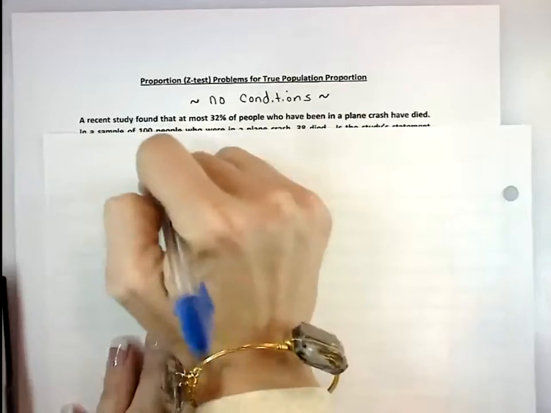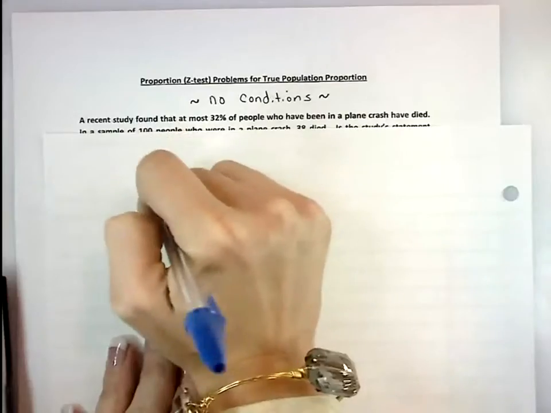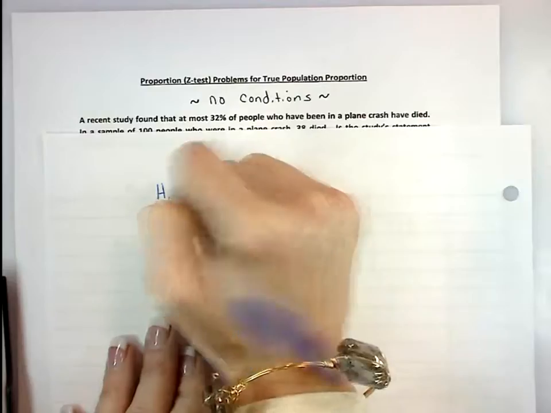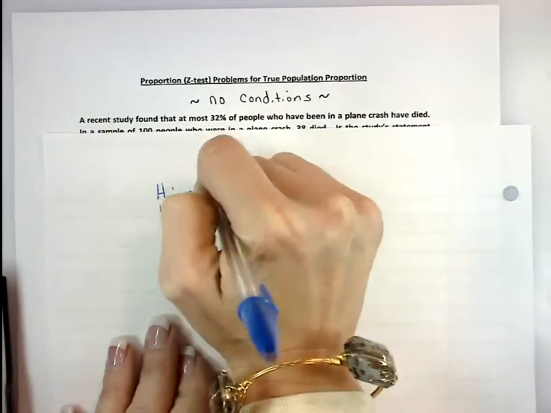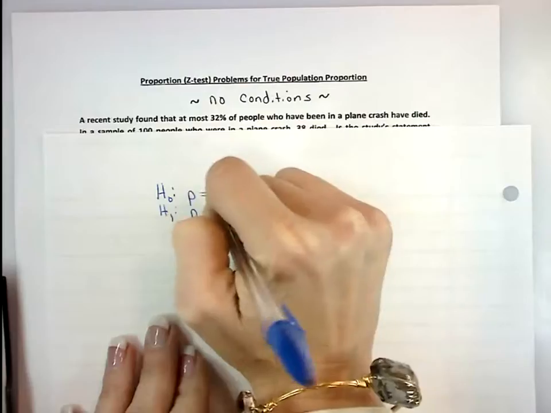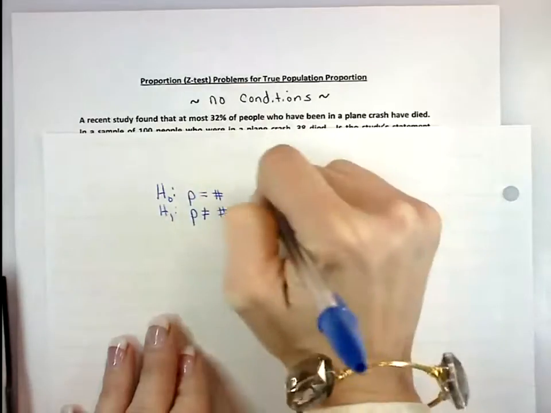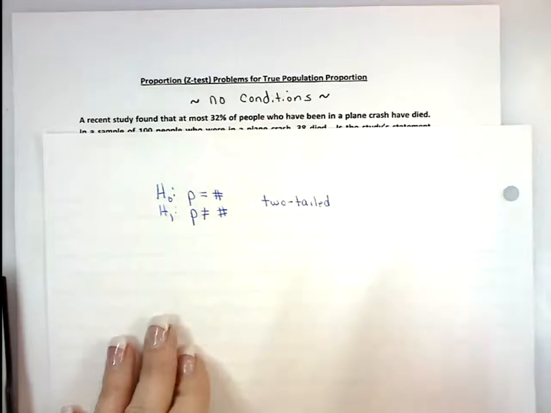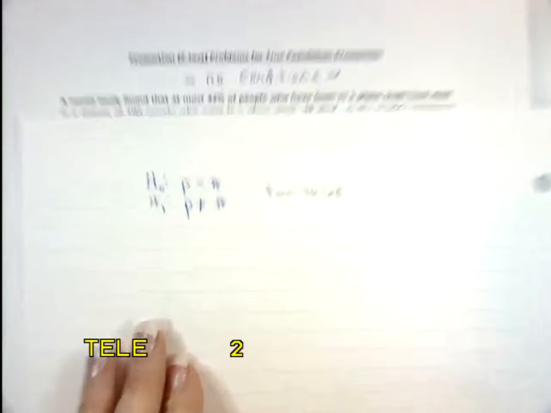If it is a two-tailed proportion z-test for true population proportion, P is equal to a number in the null, but P does not equal a number in the alternative. This is a two-tailed proportion z-test.